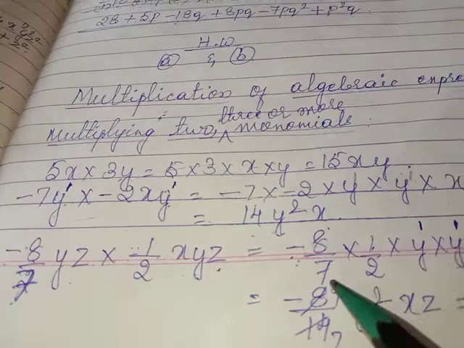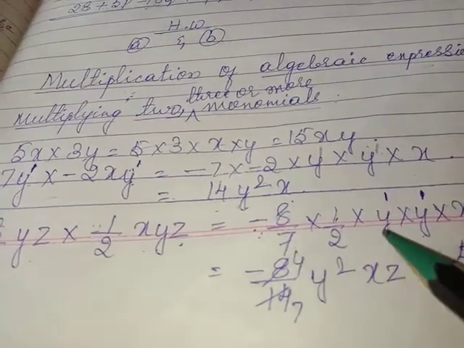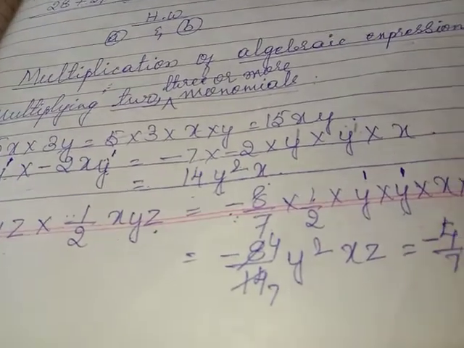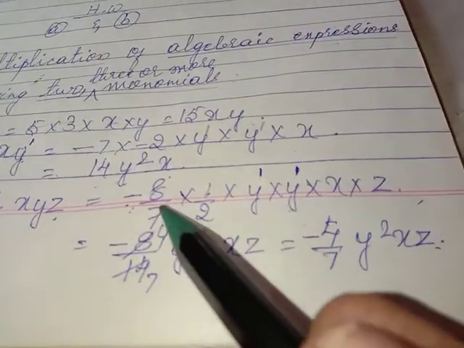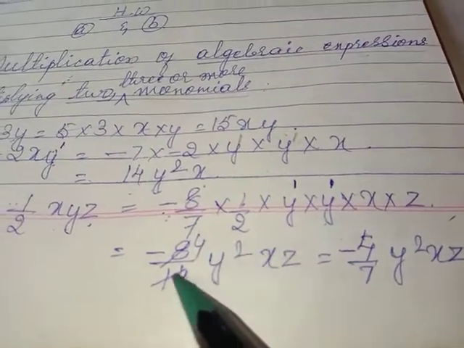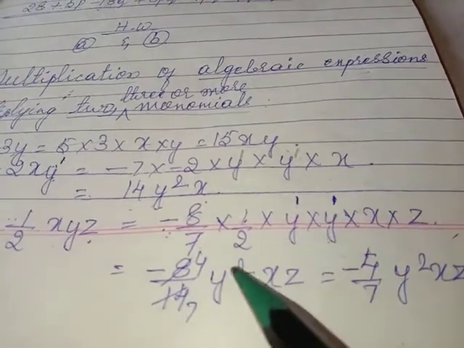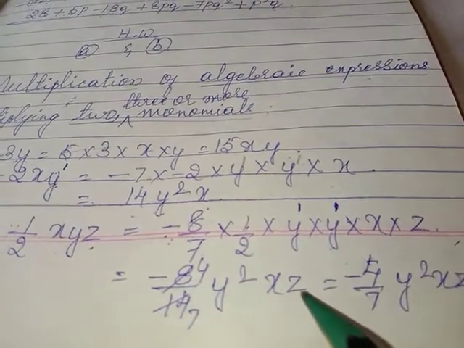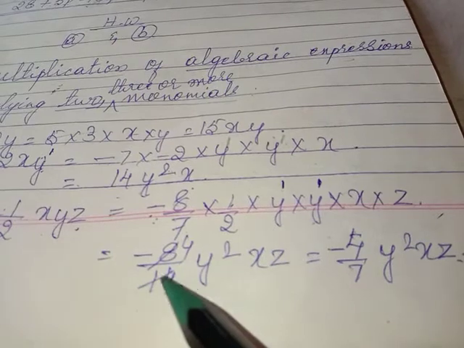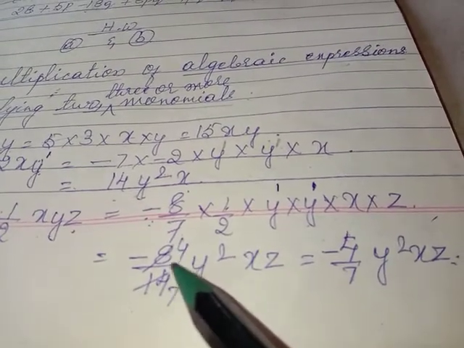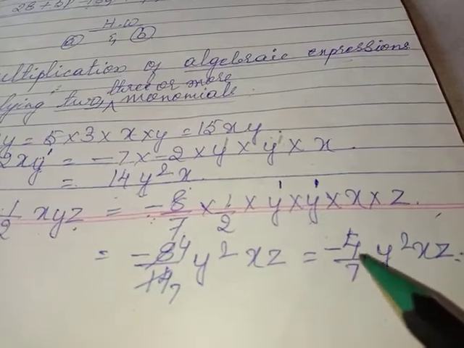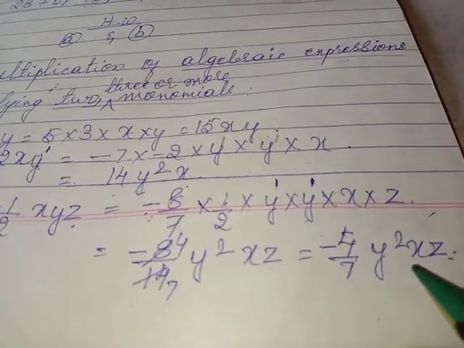Minus 8 by 7 into 1 by 2 into y into x into z. 8 by 7 twos are 14, y into y is y square, x into z is xz. So now 8 and 14 is divisible, 2 fours are 8, 2 sevens are 14, so minus 4 by 7 y square xz.